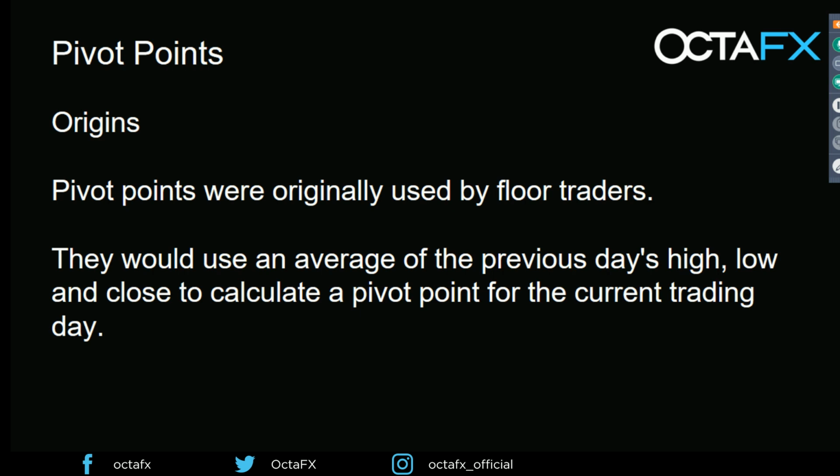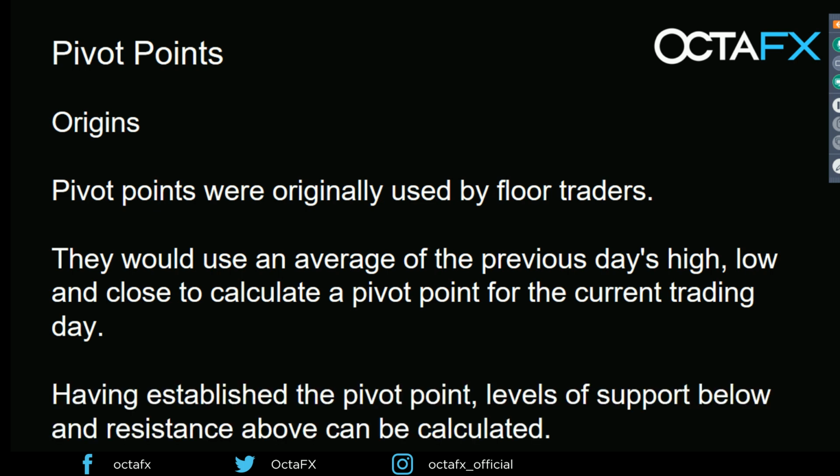So traders would use an average of the previous day's high, low, and close to calculate a pivot point for the current trading day. And having established this pivot point, key levels of support and resistance above and below are calculated. Typically there's 3 levels of resistance above and 3 levels of support below that are calculated, and we'll look at a chart in a second so you'll be able to visualize this.